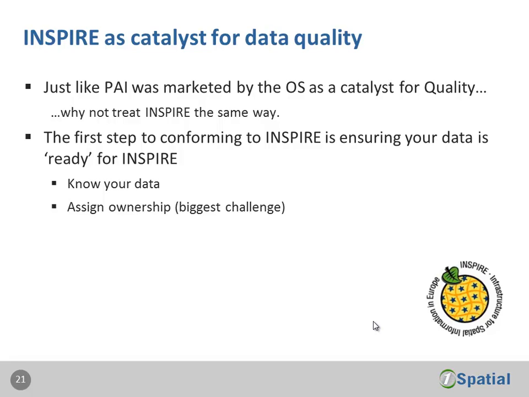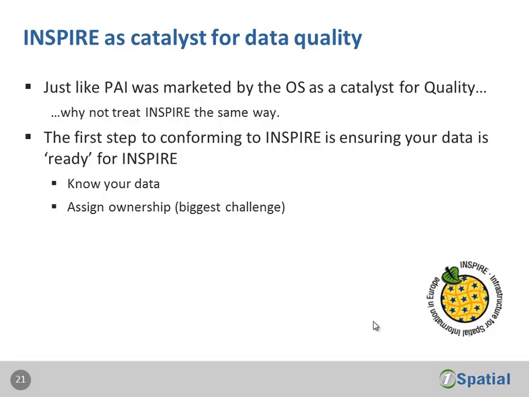So what that program meant was that the Ordnance Survey made a change to the base map and improved the quality of it, and it was marketed by the Ordnance Survey as a catalyst for data quality, because as you go ahead and shift the base map, you have to move your asset so that it snaps to the base map appropriately as well.